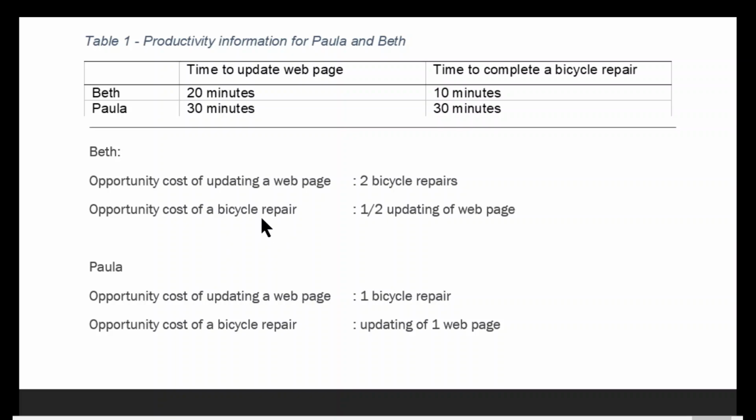Therefore, Beth has a comparative advantage in bicycle repair compared to Paula. Why? Because she will only lose half of updating of a web page compared to Paula, who could lose one web page.